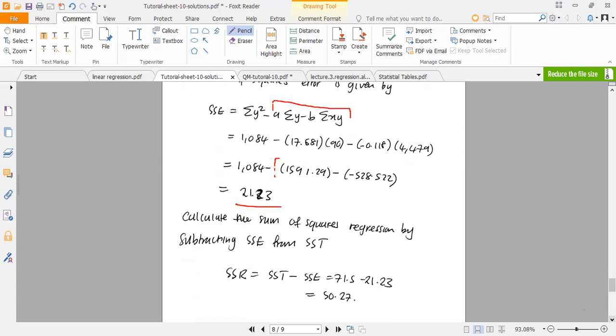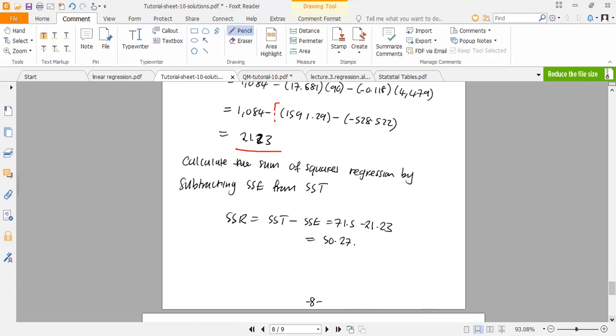Then sum of square regression is simply the difference from sum of square total minus sum of square error. Now, sum of square regression also has, I think, a much easier formula.